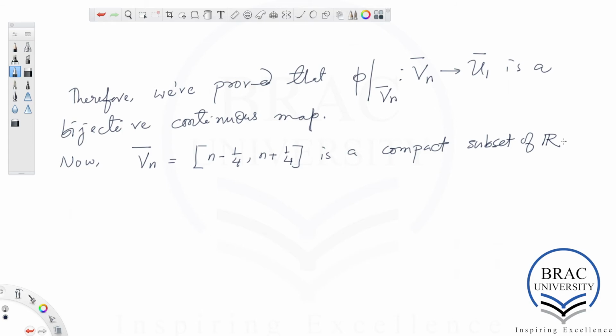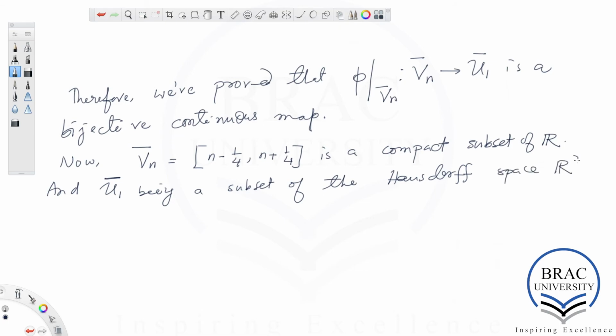Because it's a closed and bounded subset of R. Then by Heine-Borel theorem, it's a compact subset of R. And U1 bar, the closed arc, being a subset of the Hausdorff space R2, is also Hausdorff.